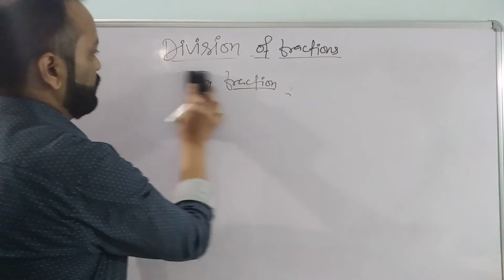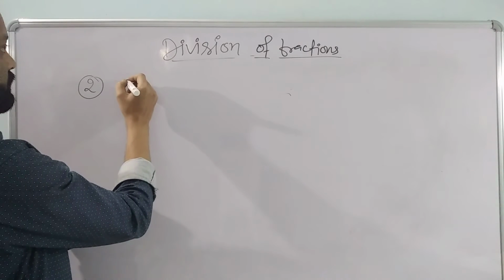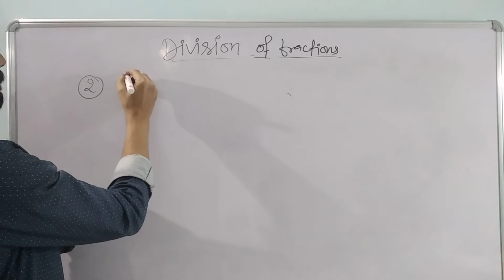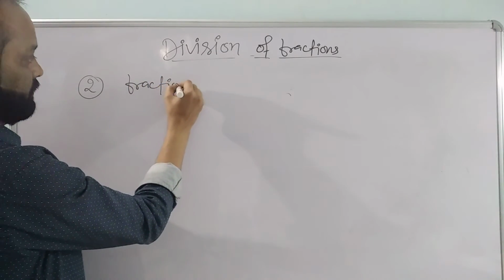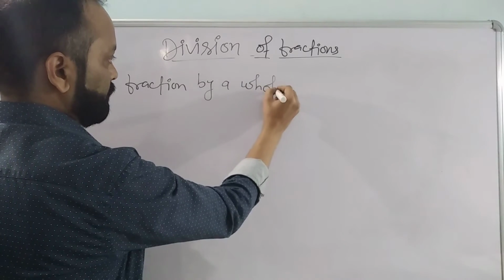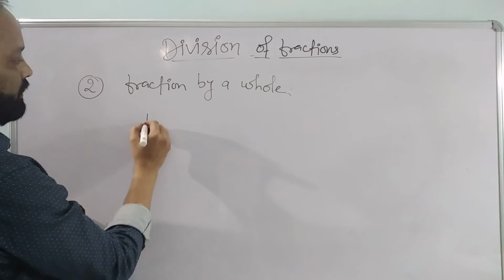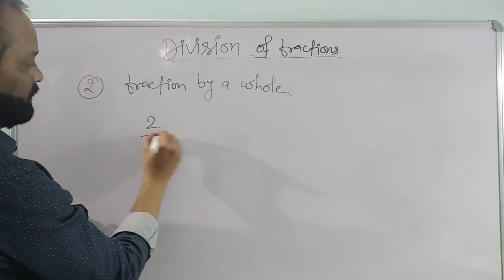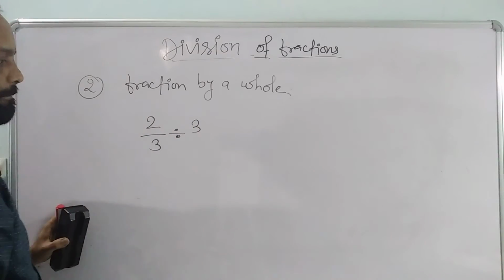The second concept is the division of a fraction by a whole. So the fraction is, let's suppose, 2/3 divided by a whole 3.